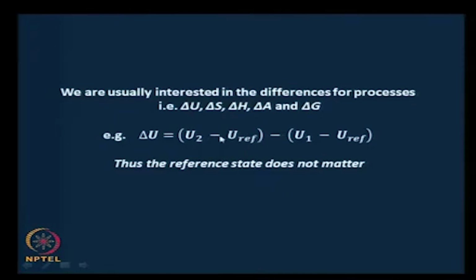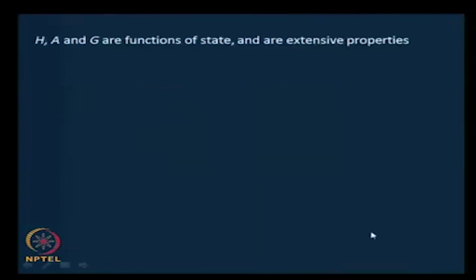In fact, you need to know where it has been assigned the value 0. We know that H, A and G, the additional functions, are functions of state, which means they depend only on the state of a system, not on the path taken to achieve state 2 from state 1.